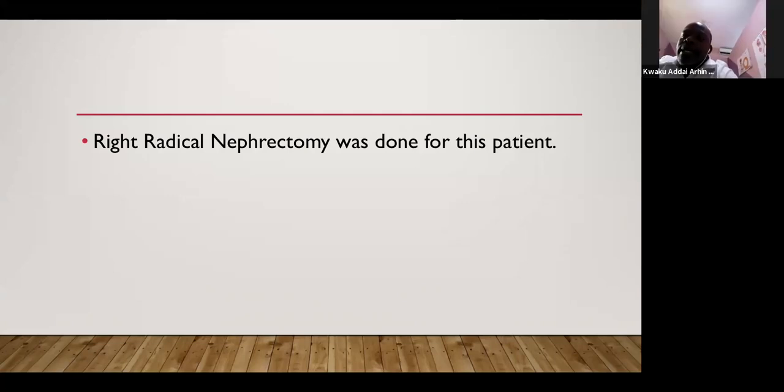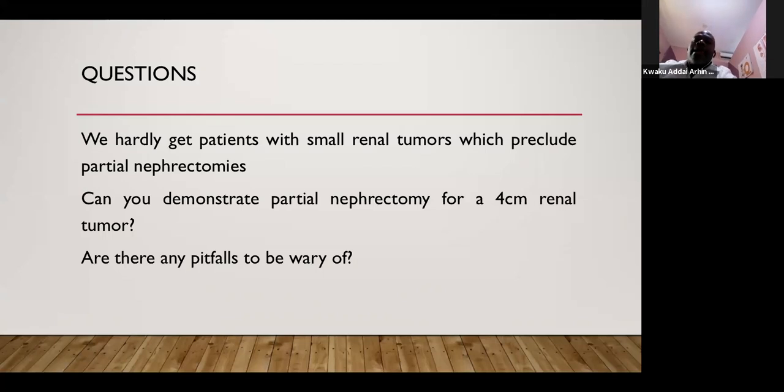Can you go to the next slide? So we hardly get patients with small renal tumors, which include partial nephrectomies. But we wanted a situation where if we had brought a case with a small tumor, we wanted you to demonstrate partial nephrectomy for a 4 cm renal tumor and whether there were any pitfalls to be wary of.